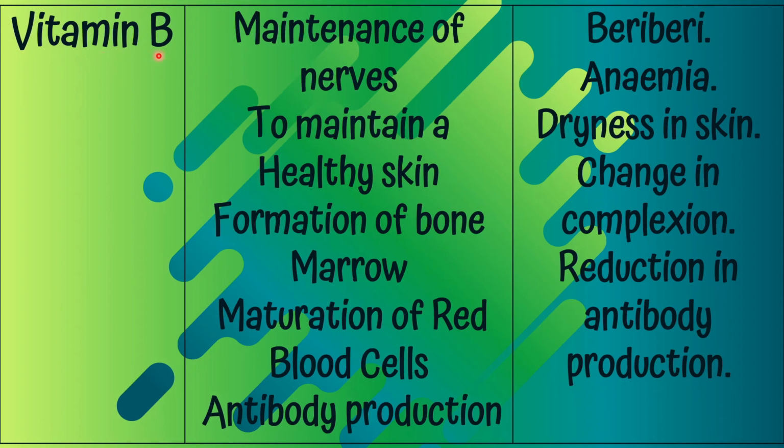Okay, then vitamin B. Maintenance of nerves, to maintain a healthy skin. Previously we talked about vitamin A actually. This is vitamin B. Formation of bone marrow, maturation of red blood cells, antibody production. And the deficiency symptoms are beriberi, anemia, dryness in skin, change in complexion, reduction in antibody production.